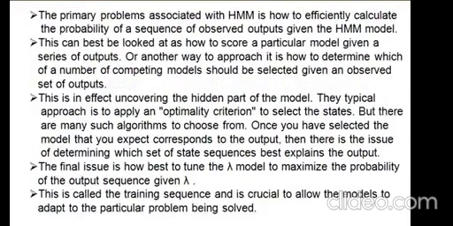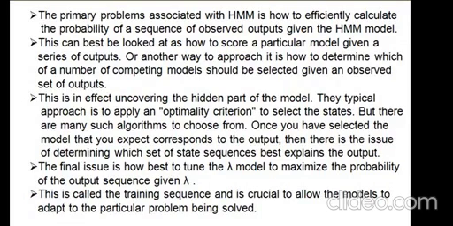Next, what are the primary problems associated with the hidden Markov model? The first is how to efficiently calculate the probability of a sequence of observed outputs given the hidden Markov model.